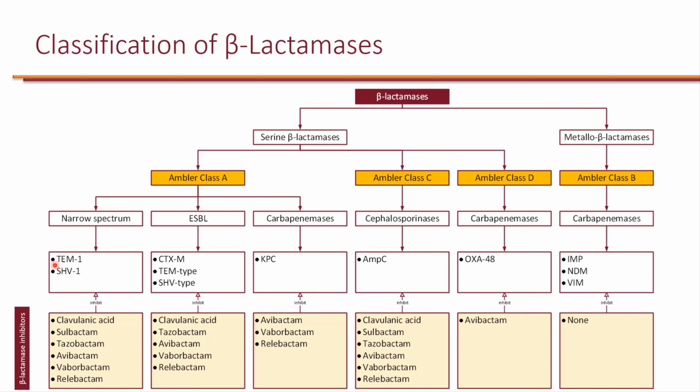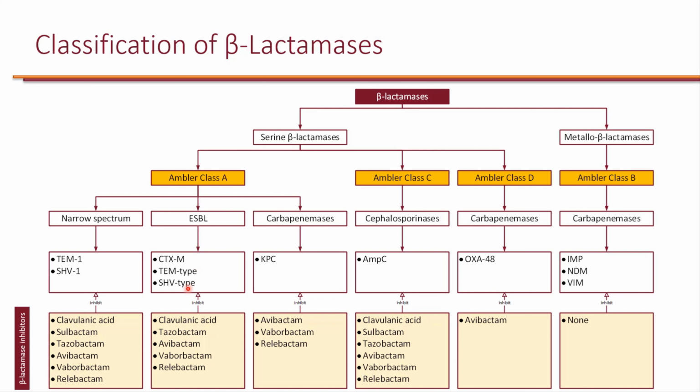Narrow spectrum includes TEM1 and SHV1 among others, and fortunately we have many beta-lactamase inhibitors on the market that can inhibit these beta-lactamases. Now, in addition, there are also ESBLs under class A, and these are CTX-M for the most part, but there are also some derivatives of TEM1 and SHV1 which have over time mutated, so we call these TEM type and SHV type.